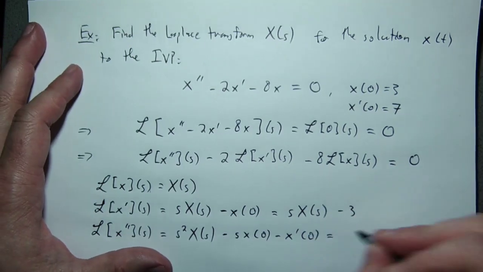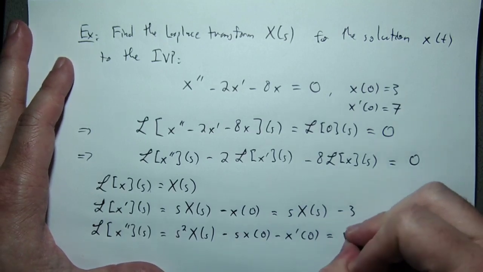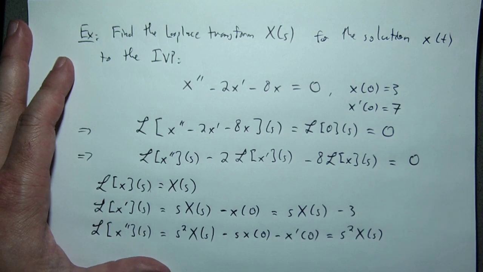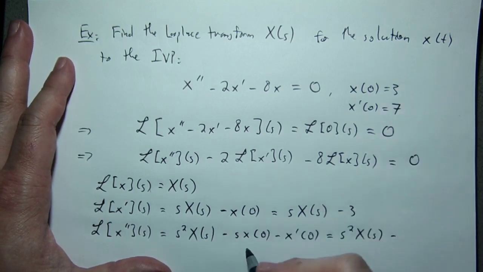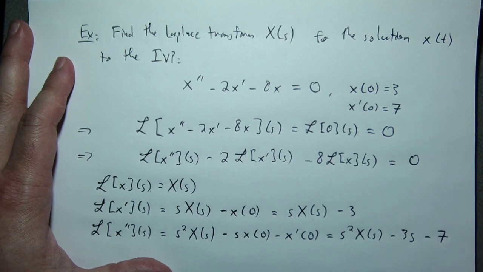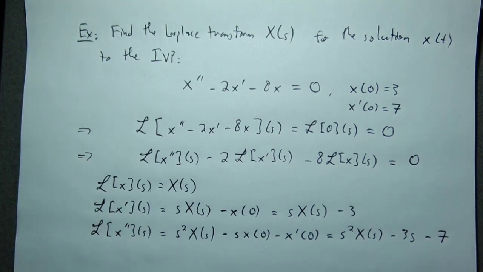Okay, but what is this? This is s squared big X of s minus s times x of 0, which is 3s, and x prime of 0 is 7, so this is minus 3s minus 7.